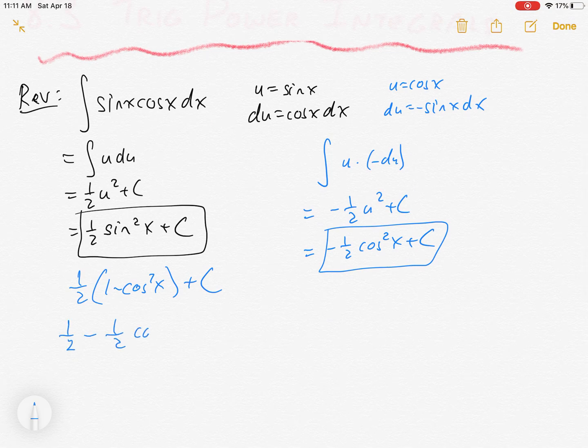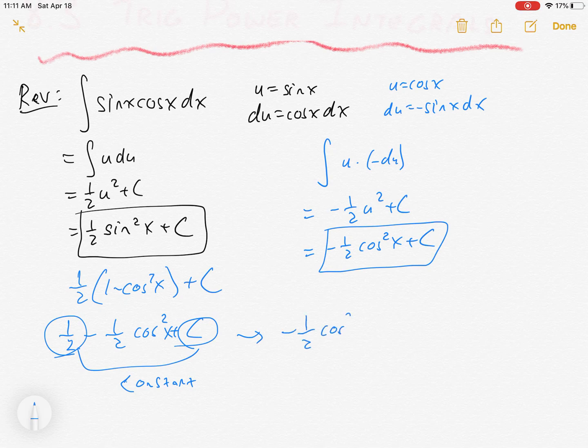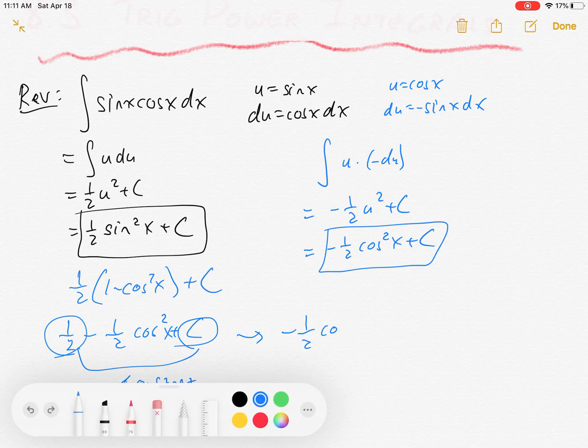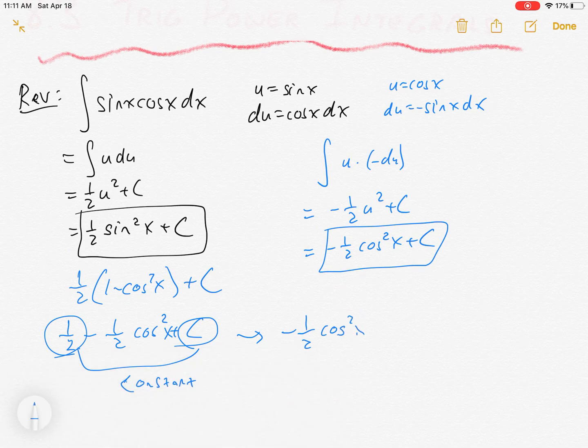Okay, now I want to do that. So with the Pythagorean identity, that becomes 1/2 minus 1/2 cosine squared x plus c. And this 1/2 plus c is just some other constant, so it's the same thing as negative 1/2 cosine squared plus some constant.